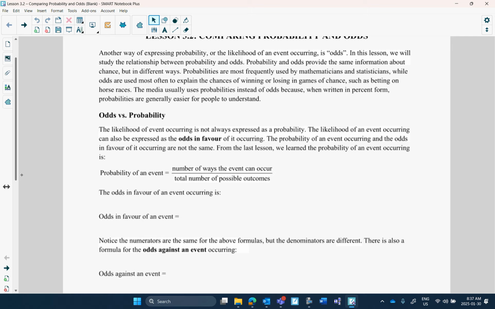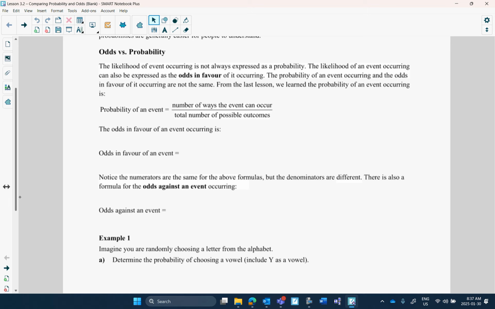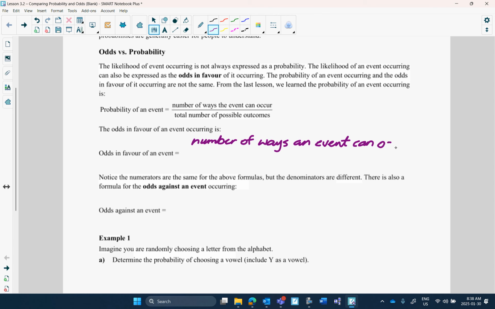So the odds in favor of an event is the number of ways the event can occur over, and you can show it as a fraction, but it's really a ratio.